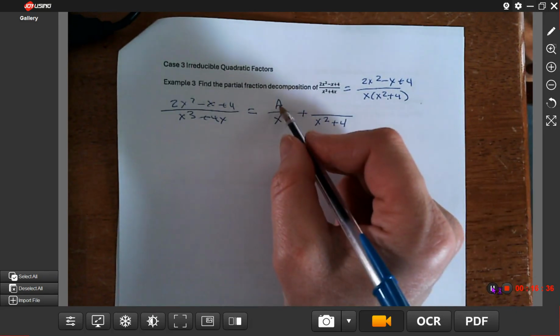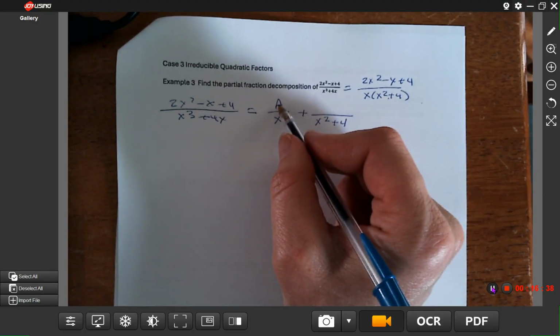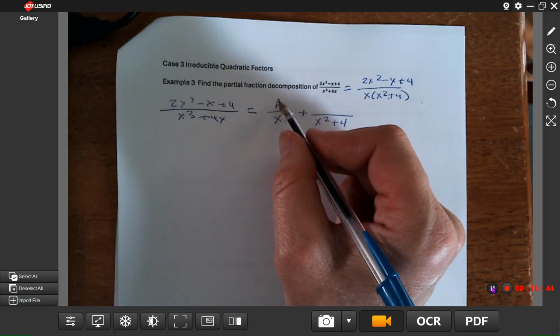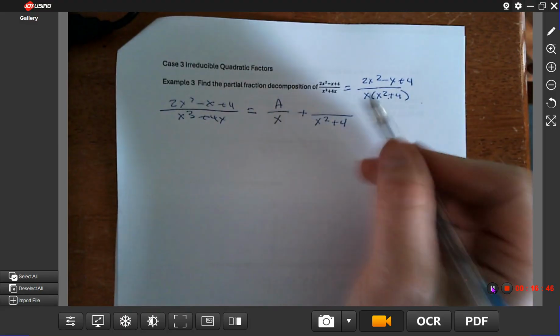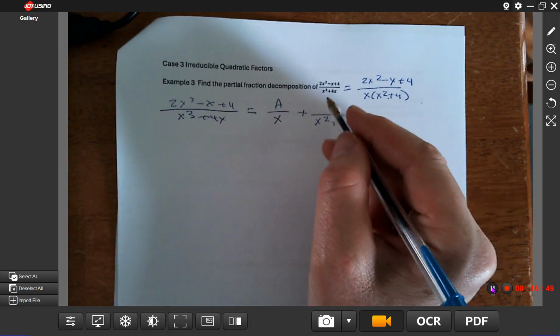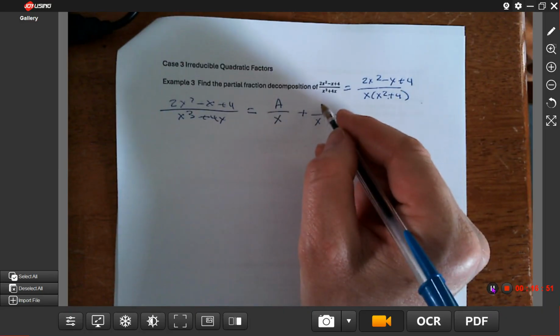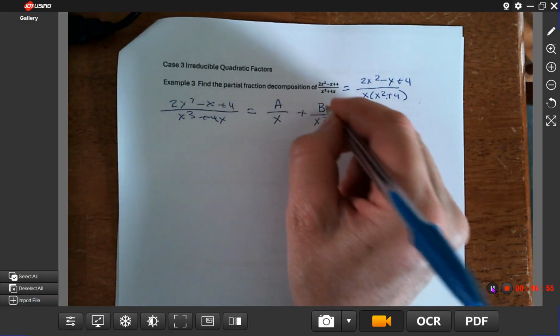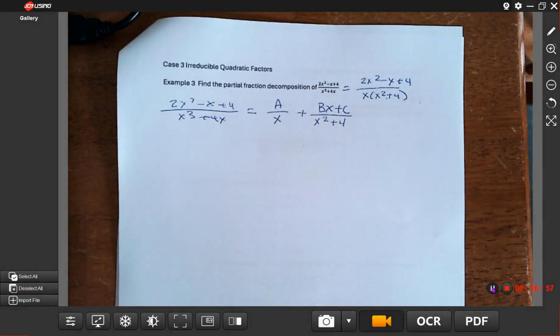The numerator with the linear factor is a real number. Remember in our previous two examples, A, B, C, D were all real numbers. The difference here is that the numerator on the irreducible quadratic factor is going to be linear. So B and C are real numbers, but it's a linear expression.